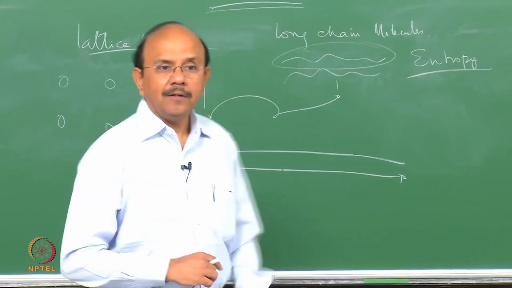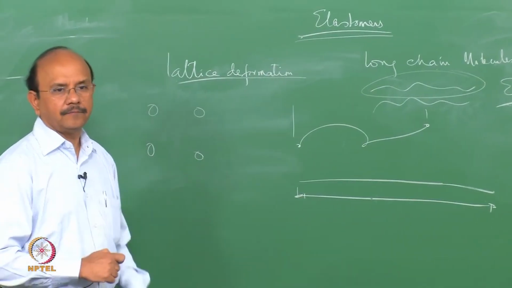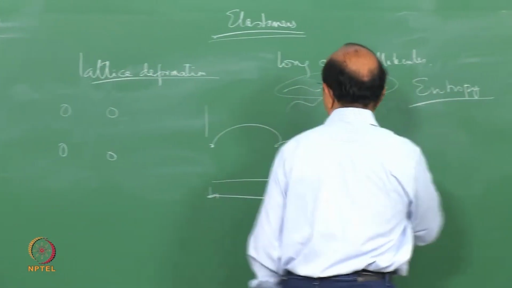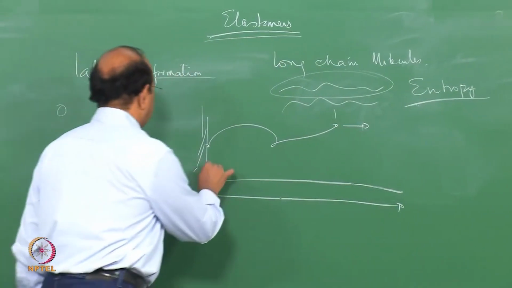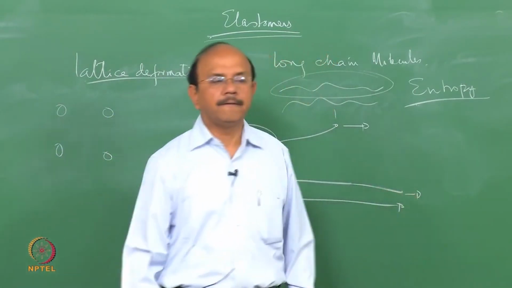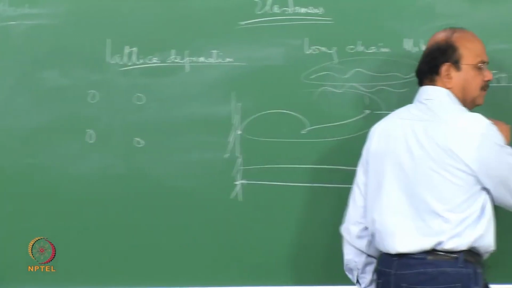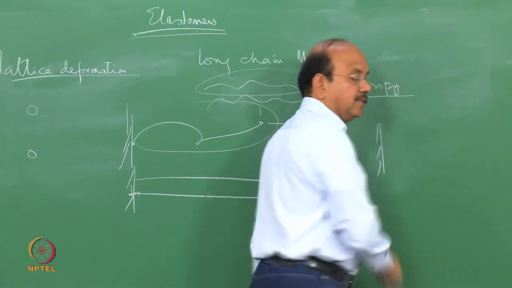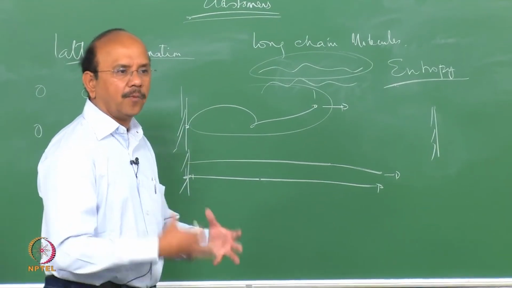Okay, so at one level, you can imagine that these molecules are like a spring. I will fix it here, I will pull it, and when I pull it, it becomes like this, and then when I leave it, it goes back to this position. You can imagine the same situation when you have springs which are bonded by sulfur.